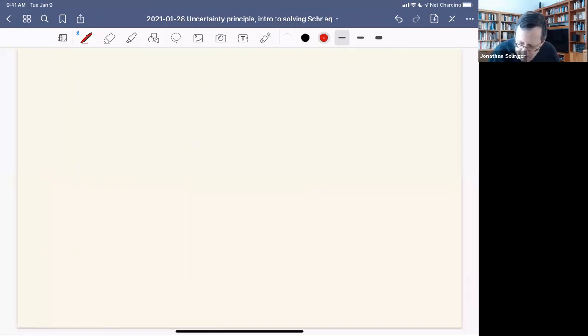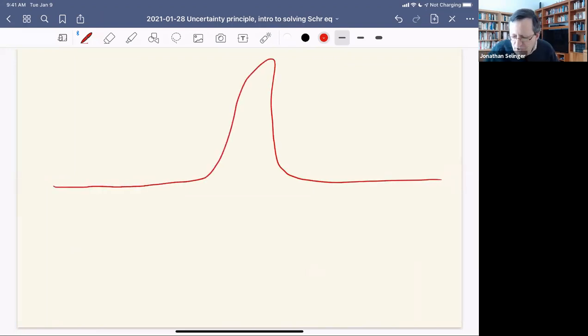The opposite limit would be something like this that just has a single spike or a few spikes in it. And here you have few wavefronts. You know the position well.